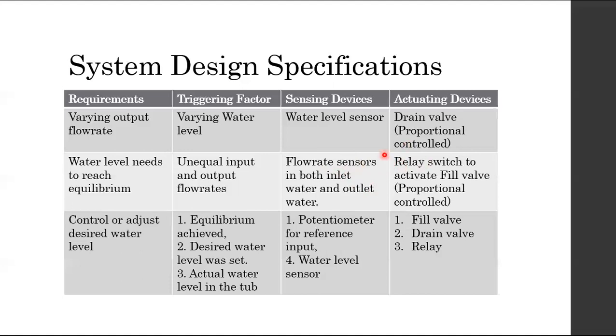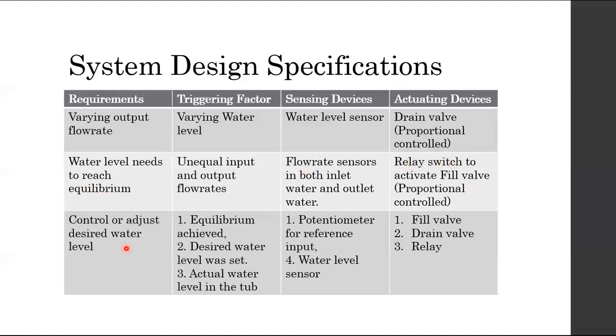So, kakailanganin natin ng isang relay switch, an electronic switch, para ipang-activate ang ating fill valve. Kasi di ba sa requirement kanina, nabanggit na we could vary the input flow rate to vary the water level kapag equilibrium na. Okay? Kaya ang actuating device natin dito is a relay, or that is an electronic switch.